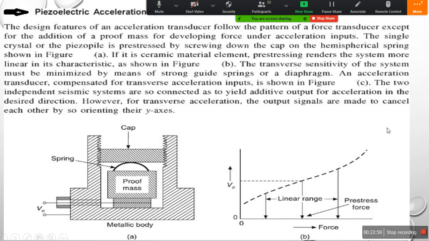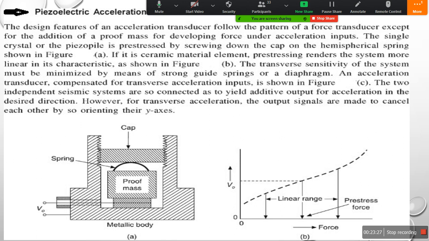As this continuous output voltage is being implemented, on the y-axis if the voltage keeps increasing more and more, obviously the piezoelectric crystal can be completely damaged because of the high voltage being generated. So in that case, what it needs to do is the third point: the two independent seismic systems are so connected as to yield the additive output for the acceleration in the desired direction. For transverse acceleration, the output signals are made to cancel each other by orienting their y-axis.